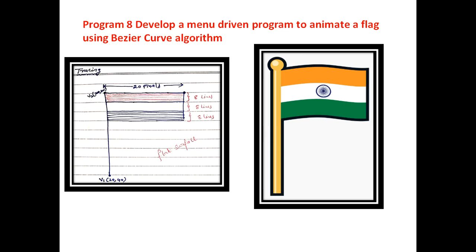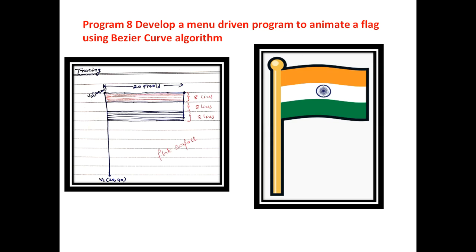Before explaining the basic principle of the 8th lab program, first I would like to explain what input we need to give to this particular program, what process we are supposed to perform using the Bezier curve algorithm, and finally what is the expected output.